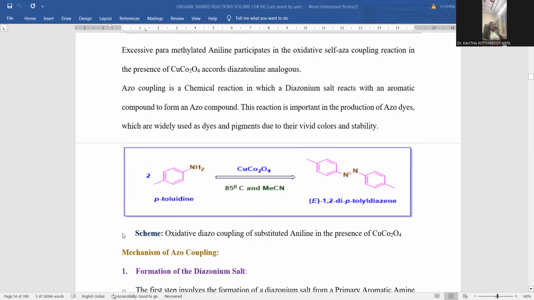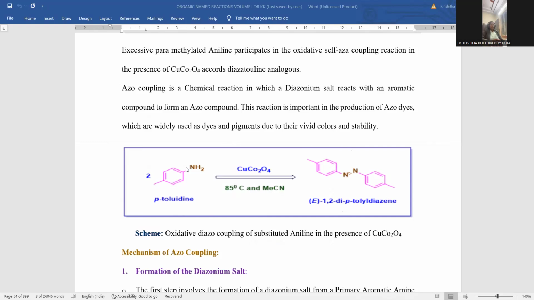In order to accomplish this reaction, a copper cobalt oxide catalyst is to be added. The catalyst will enhance the rate of the reaction, so that you can achieve the product in a short span of time with high quality and purity.